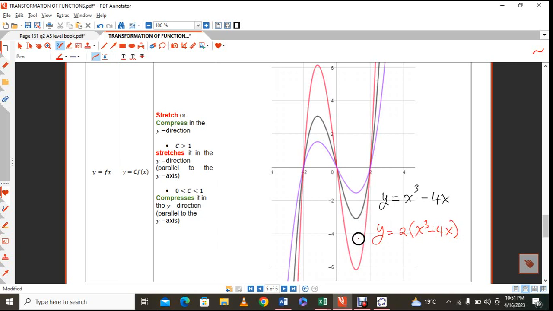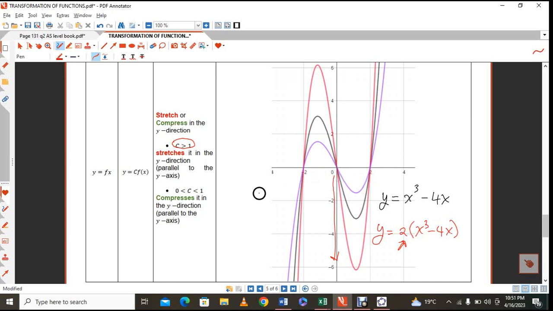Can you see the vertical stretch that we are referring to, the vertical stretch in the y direction? So if this number here, this c, is greater than 1, in this particular case it's just 1, you have a vertical stretch. I hope that makes sense.